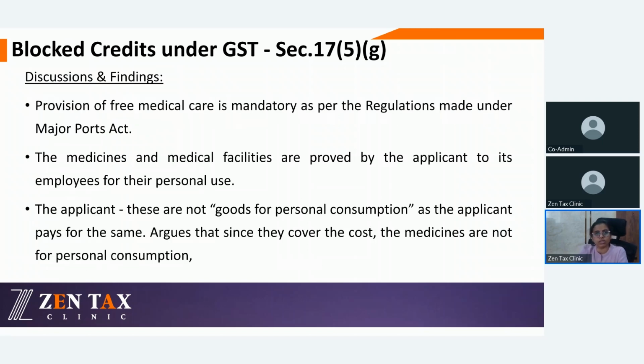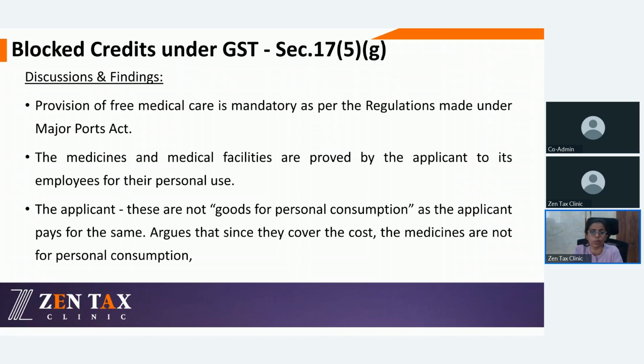The advance ruling came to the conclusion that medical care is mandatory as per the regulations. As I told you earlier, as per the Major Ports Act, they have to provide medical services to all their employees, pensioners, or whomsoever. It is provided to the employees for their personal use, and not for the personal consumption of the applicant, that is Chennai Port Trust.